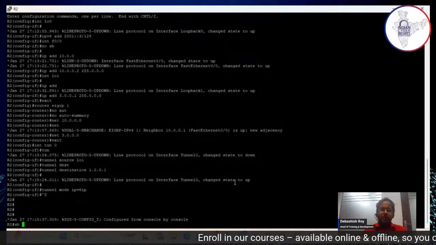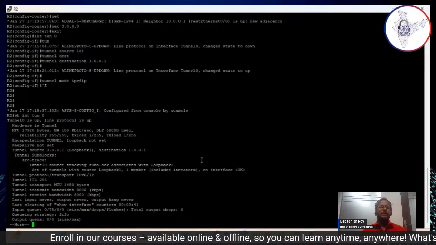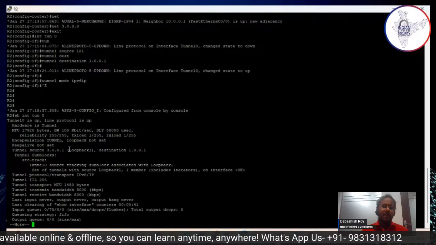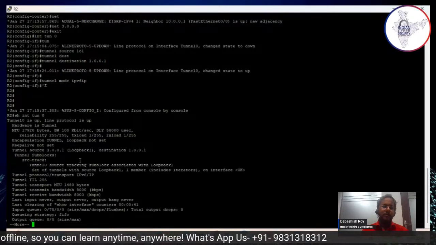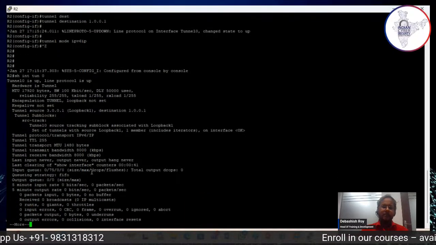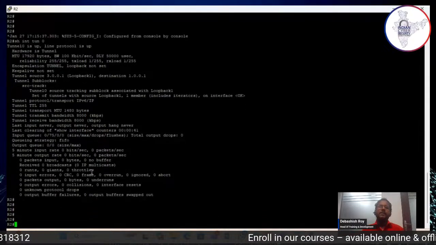And you can also check show interface tunnel 0, and you can see the tunnel 0 is up, line protocol up, hardware is tunnel, and source 3.0.0.1, destination 1.0.0.1, everything is there. So you can see that the IPv6 to 4 6to4 tunnel is already set up.